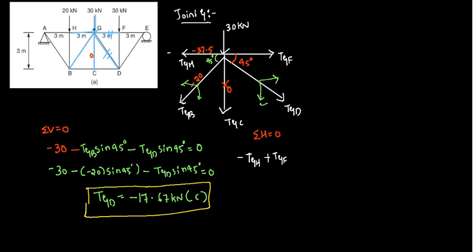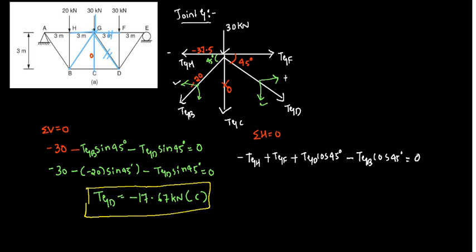Again plus TGD cos 45, because it makes an angle with respect to x axis. Similarly TGB is in the negative direction, minus TGB cos 45, is equal to 0.